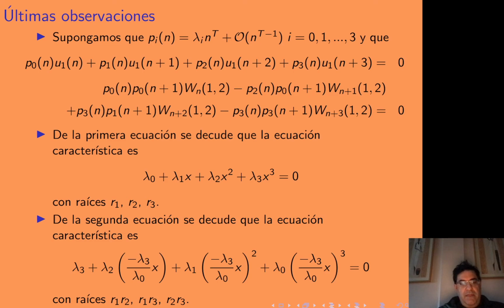Okay, it takes a little calculation, but it's not a tricky calculation. It's just you need to know what to do. So this is lambda 0 squared. This is minus lambda 2 lambda 0. This is lambda 3 lambda 1. This is lambda 3 squared. You multiply, divide, and finally you get something like this.